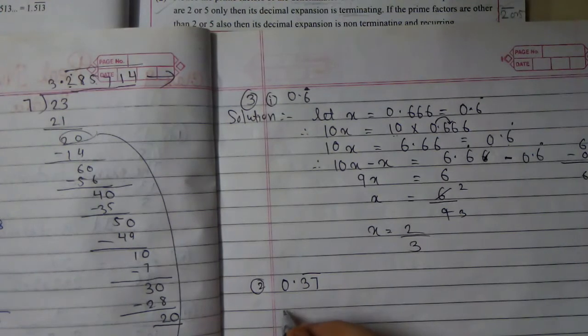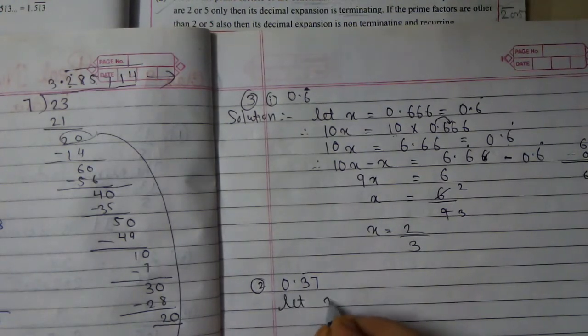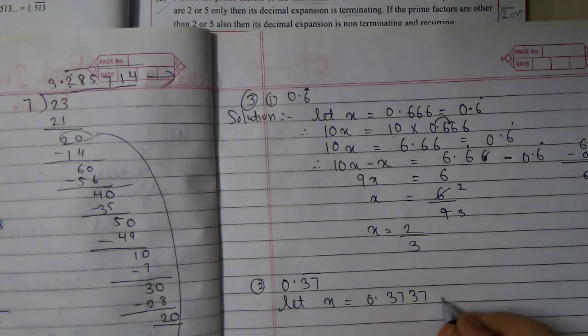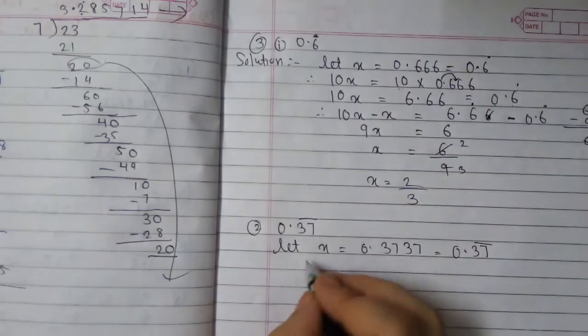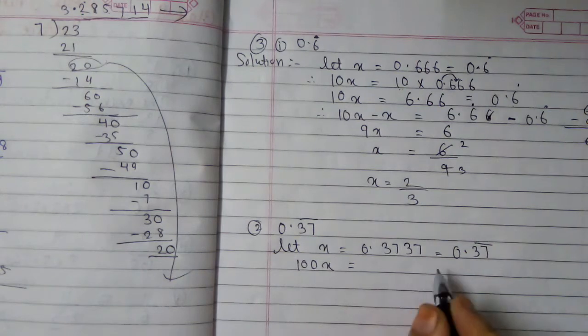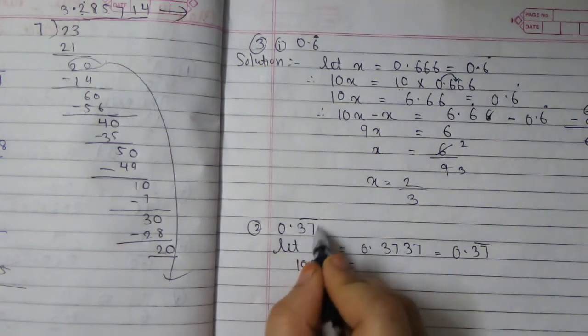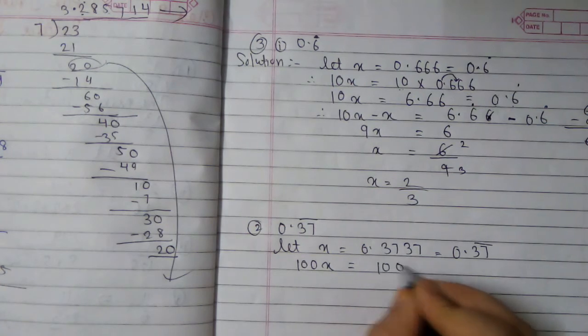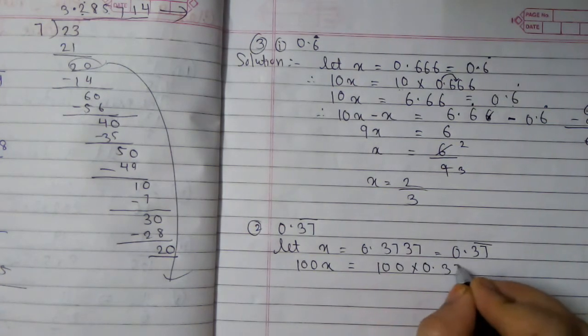Again the same steps: x equals 0.3737, which is 0.37 bar. Here we multiply by 100 because two digits are repeating, 3 and 7.